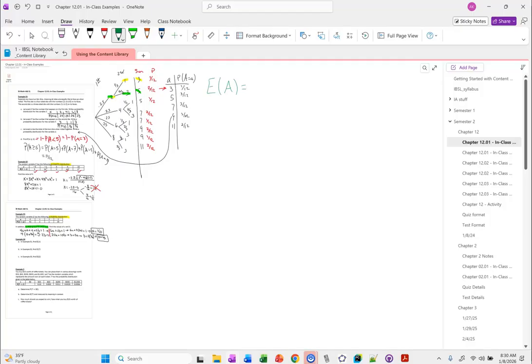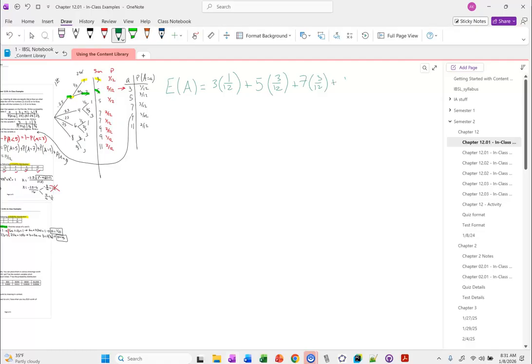Is that okay? And I'm going to write it out, not actually do the computation, because I'm looking at the numbers and I don't like the looks of it. So 3 times 1/12 plus 5 times 3/12 plus 7 times 3/12 plus 9 times 3/12 plus 11 times 2/12.